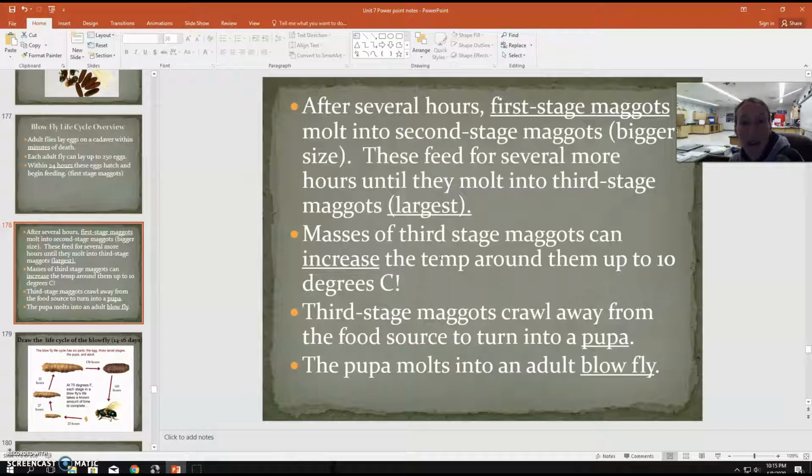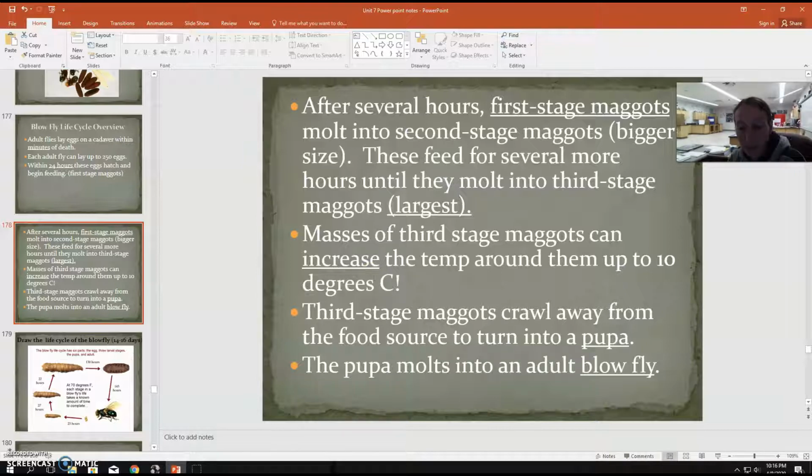There have been cases where there has been so many maggots inside the body that when they put that thermometer in the liver, the body was actually warmer than maybe what we'd say, like 98 degrees, or warmer than what it should have been. And that's because of this. Masses of third stage maggots can increase the temperature around them up to 10 degrees Celsius. So once again, more living things means more chemical reactions and increasing heat.